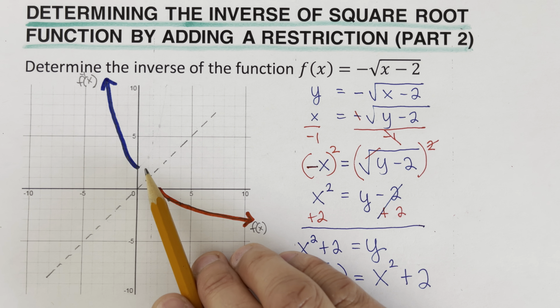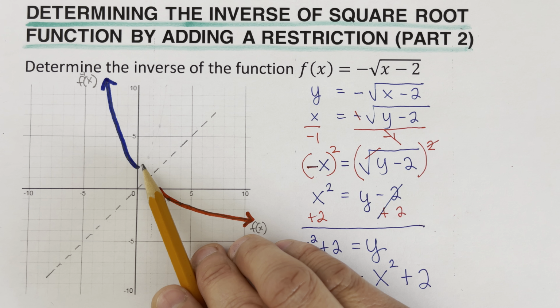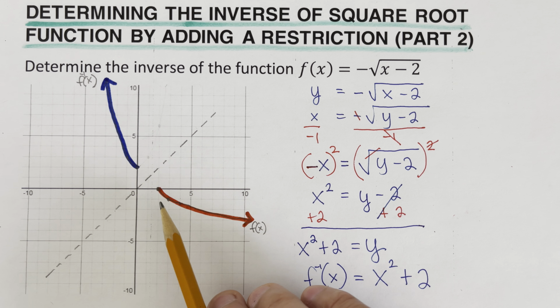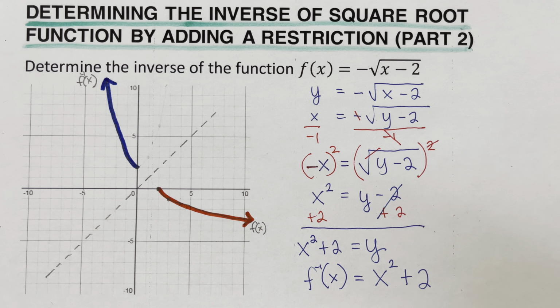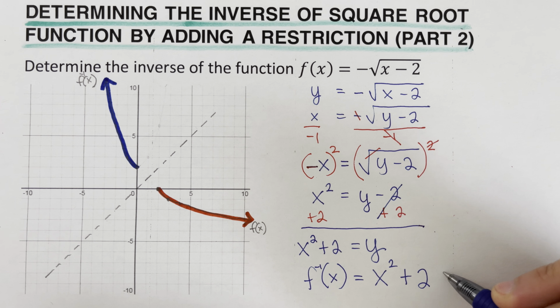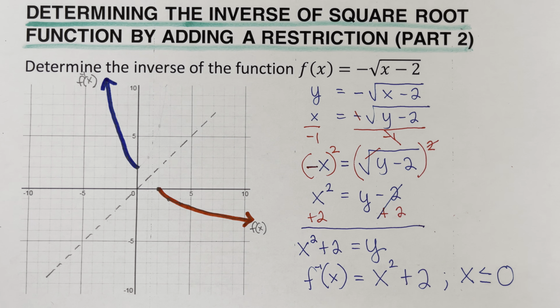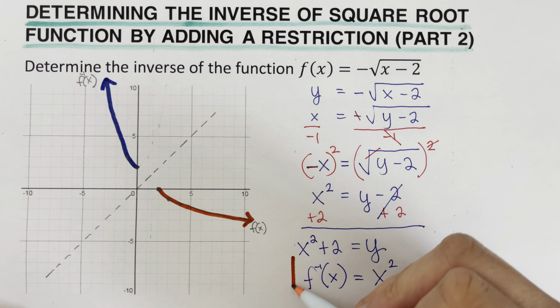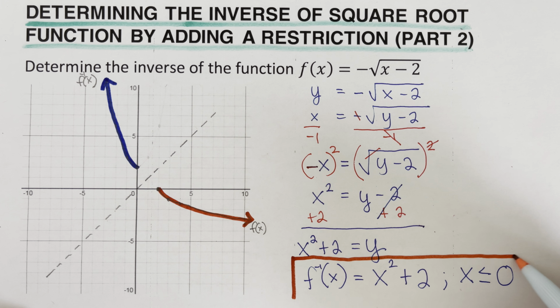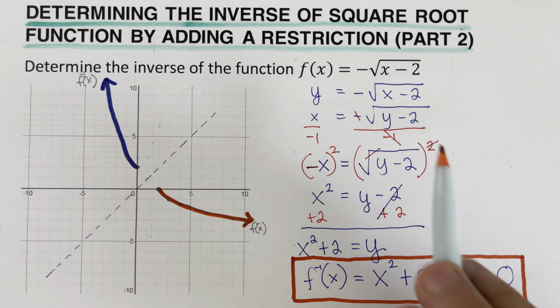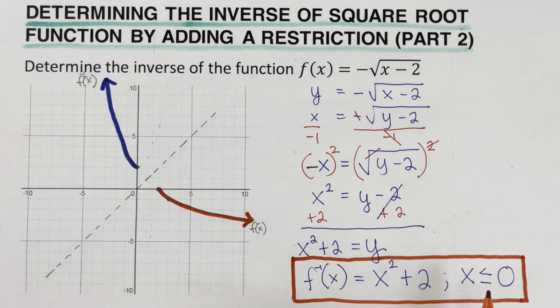So again, we had to restrict it. That means we had to take the other branch of the parabola, because it's not going to match up. There's no other branch across from it. So that we can go ahead and say that our restriction here should be x is less than or equal to 0. So this is our inverse for this given function right here. Now again, notice that we use less than here, because again, the trick is if that's a negative, we use less than.